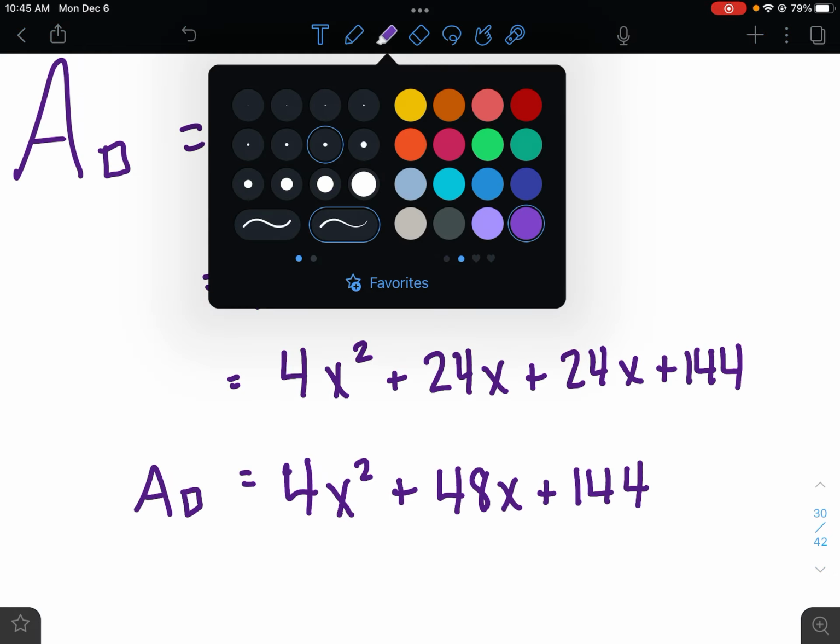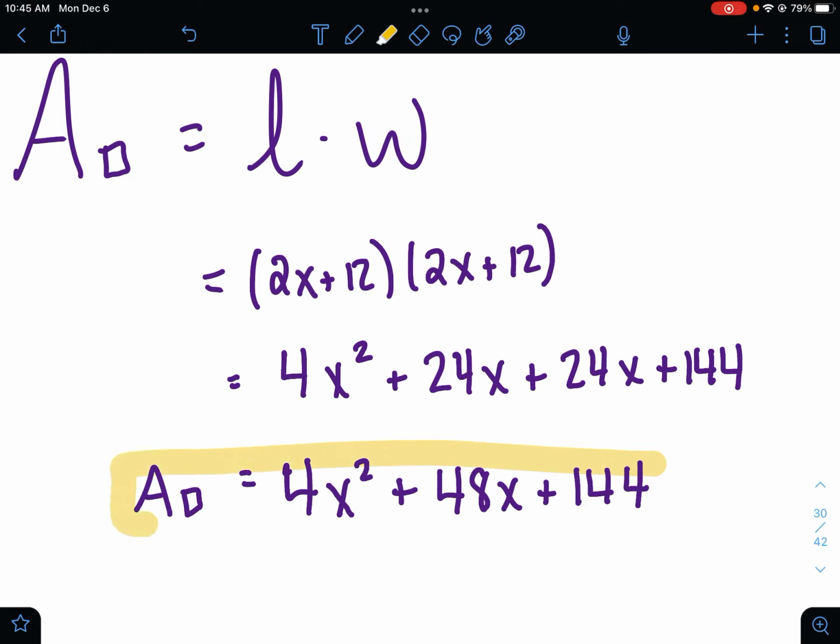So that's the expression for the area of the square.